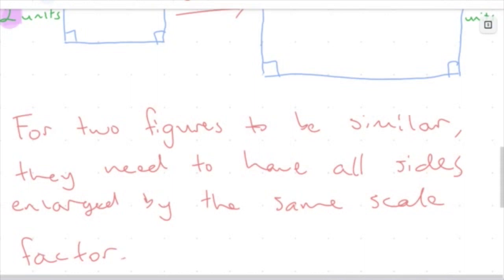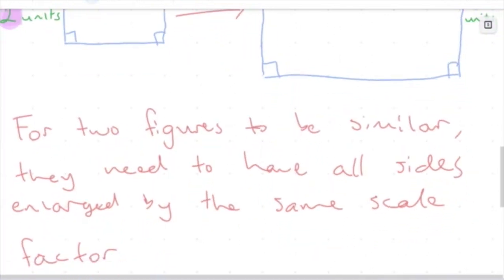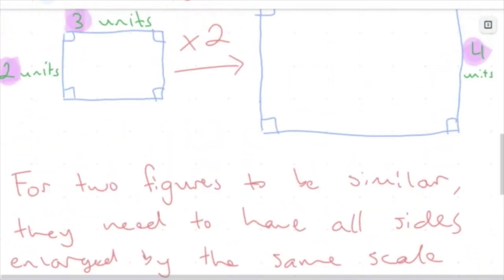So what I mean by that is that, and they're also going to have, I should say, will also have equal corresponding angles. That's another note for these things here.